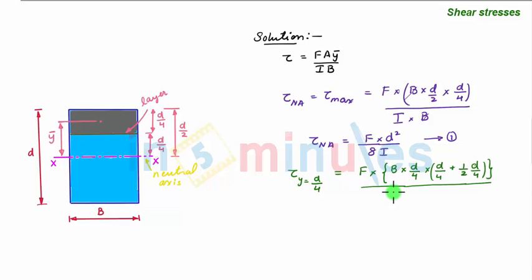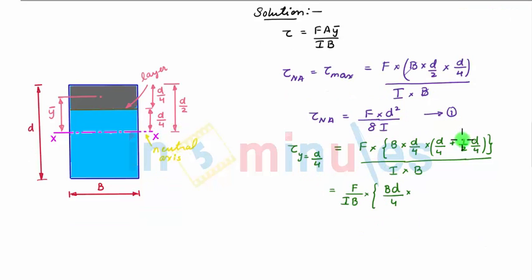the whole upon I multiplied by the width of the layer, which is the same as the width of the cross section, capital B. Upon simplification we have F upon I b into b d by 4 multiplied by this term, which will be 3d by 8.